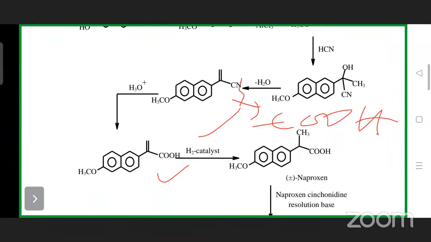Whatever catalyst you use, upon doing the hydrogenation here, this particular double bond, so the olefin is converting into an alkane here, where two hydrogens are added, and it becomes methyl here.